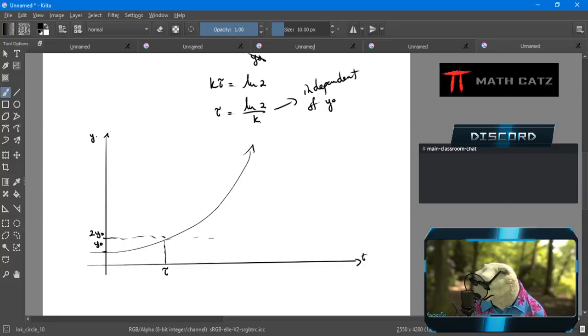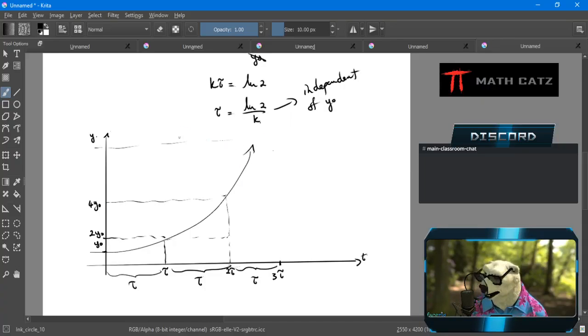It's going to take the exact same length of time to double what it was previously, so 4 times. It's going to take the exact length of time, which I can't see here, to double what it was. Every time period of tau, the population doubles every time, and it grows faster and faster and faster.